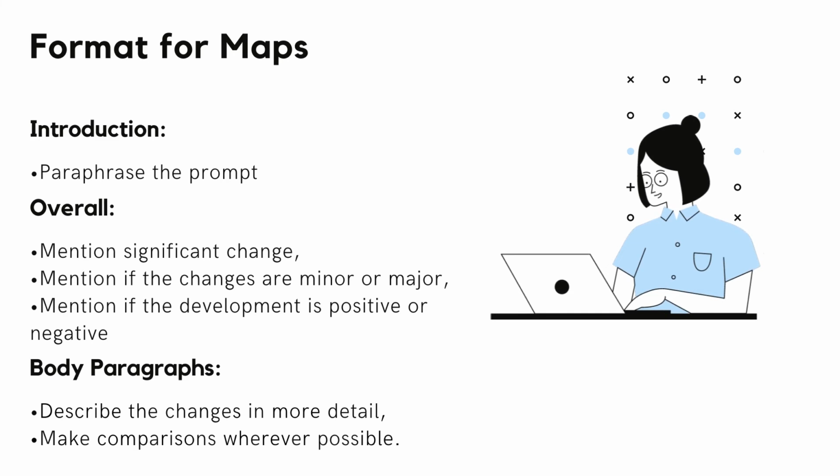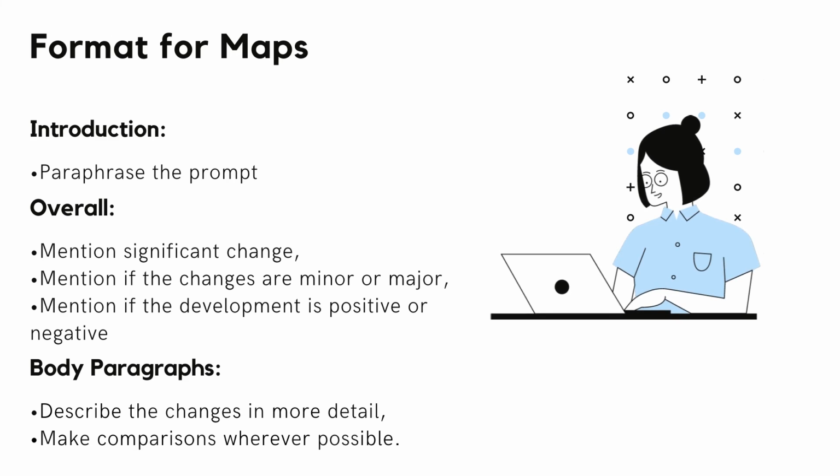Now lastly, the body paragraphs. In body paragraphs, describe the changes in more detail by using directions. It is very important to use direction vocabulary in maps to show the direction.